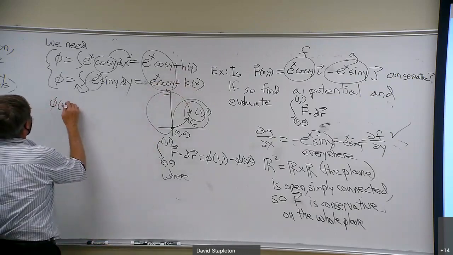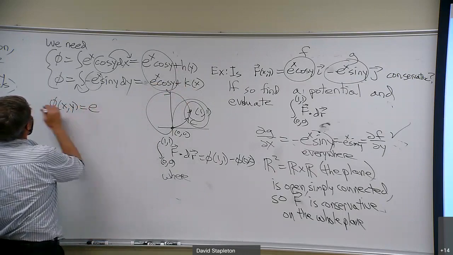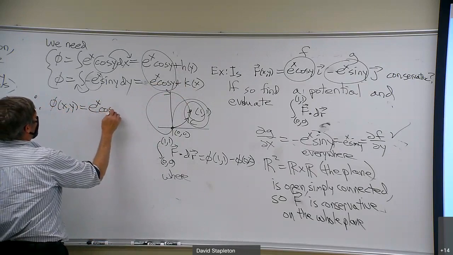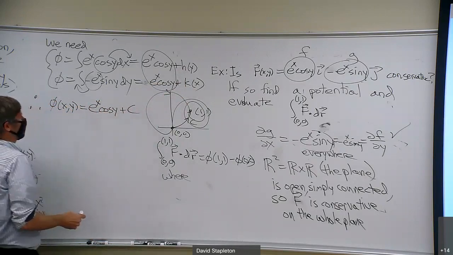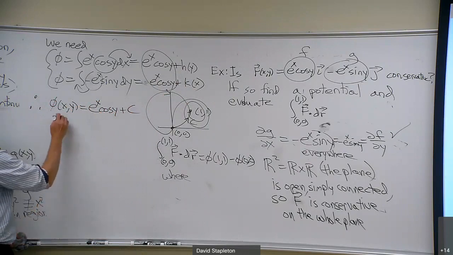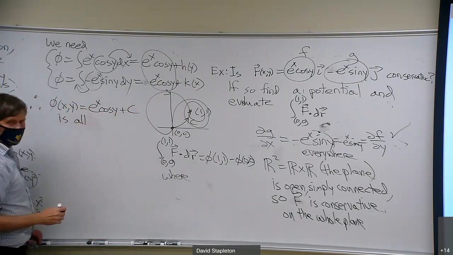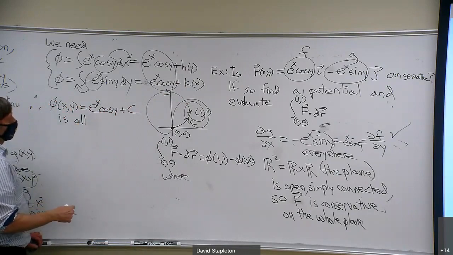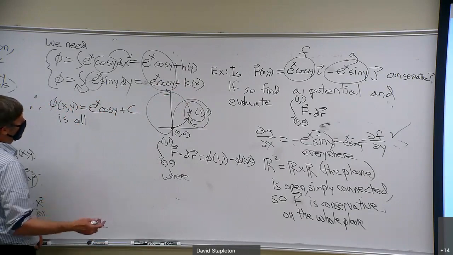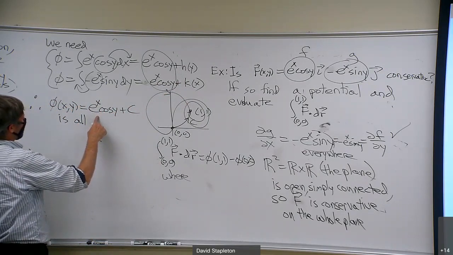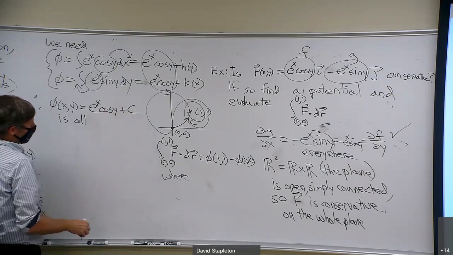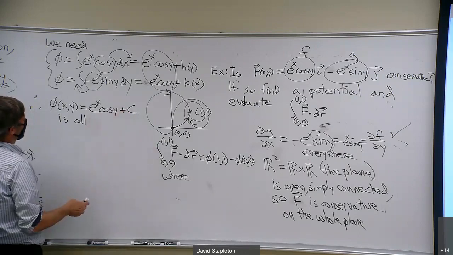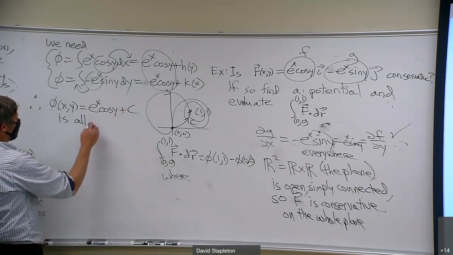Therefore, phi of x y equals e to the x cosine y plus an actual constant c is all potentials. Just like in the fundamental theorem of calculus, where every antiderivative equals every other antiderivative plus an arbitrary constant, so potentials are all equal to within adding a constant. And after all, the fundamental theorem of calculus is a special case of this fundamental theorem of line integrals. All right, so this is all potentials.